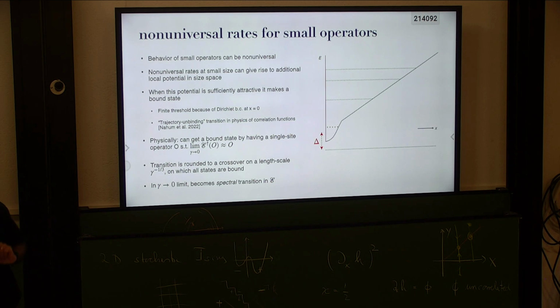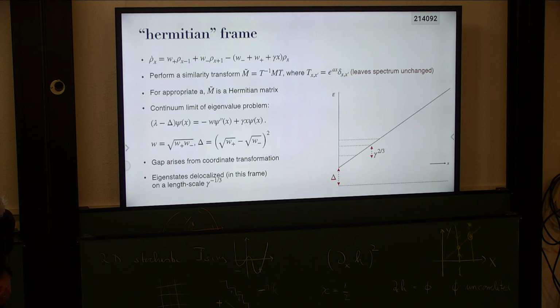You had a question? What do you mean by the gap is introduced by the coordinate? Well, if you perform this transformation, so I have this equation, and when I transform it, it looks like this. There's this constant piece that shows up as part of the transformation, and that's where the gap comes from. If gamma were zero from the beginning, then somehow the transformation would have to be different.